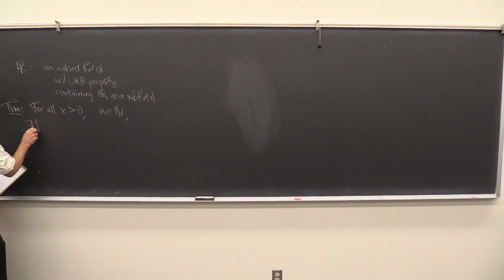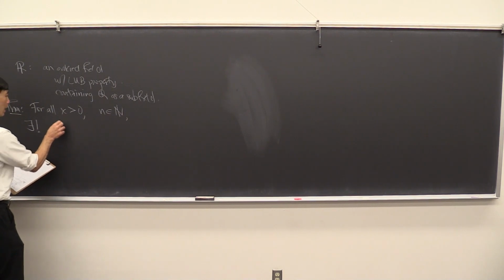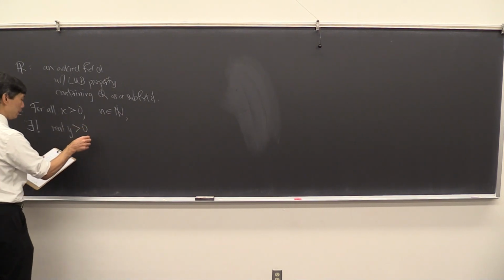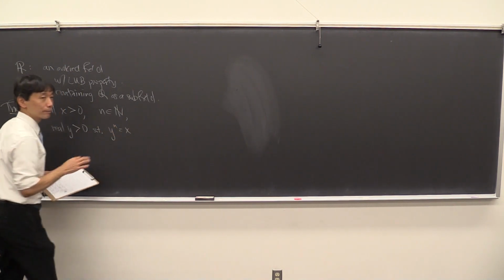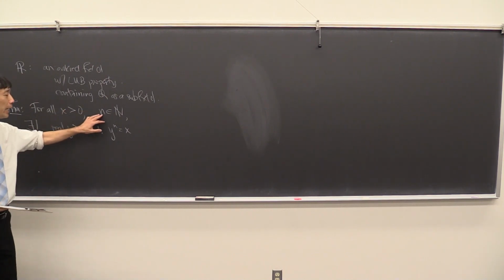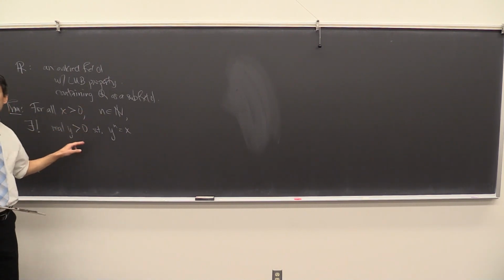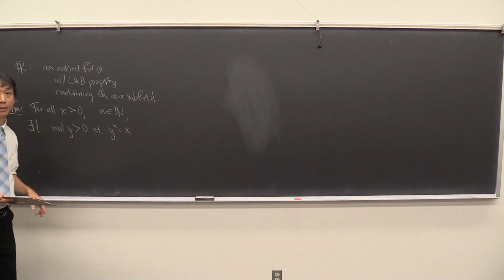Sometimes people write a one next to it, but I think it's more common to use the exclamation point. There exists a unique real number y, also positive, such that y to the n equals x. So given any positive number and any n, you're guaranteed a unique positive nth root.